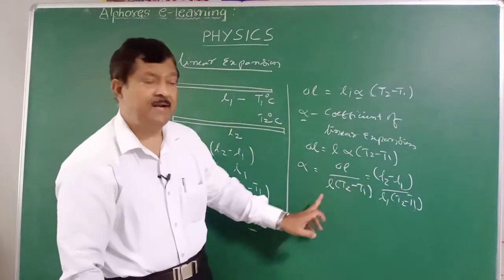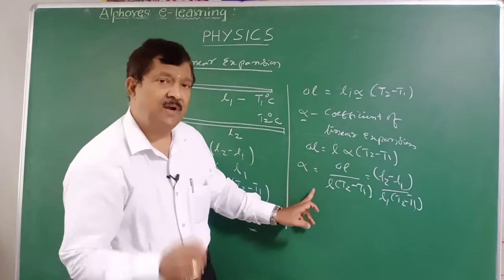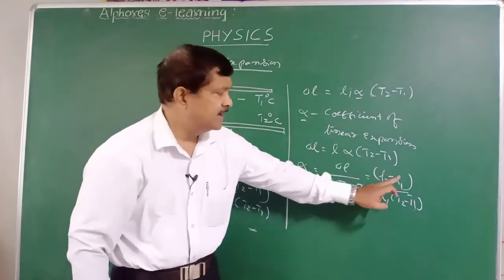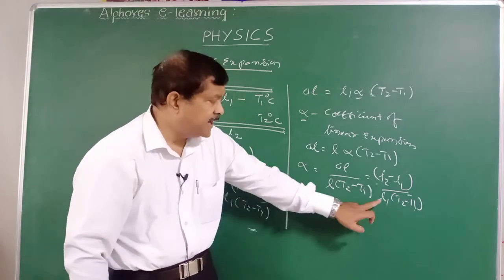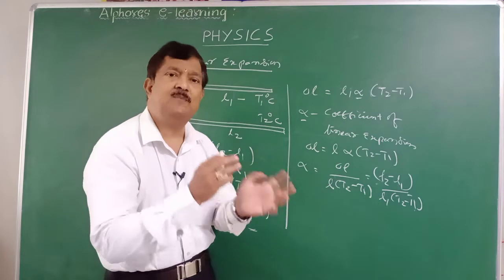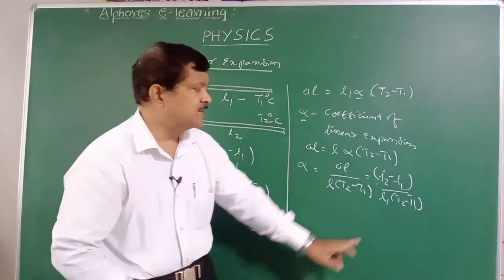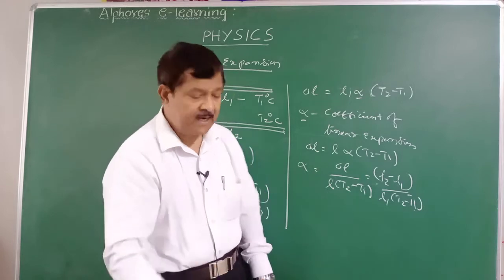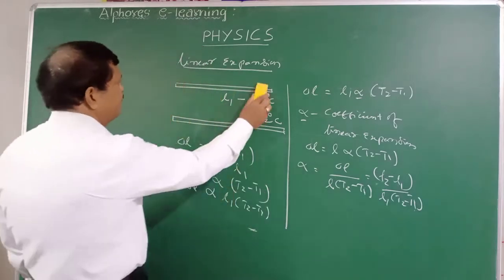Then how to define this alpha? This is the change in the length. This is the change in the length per unit original length. That means L2 minus L1 by L1, corresponding to the change in temperature equal to 1 degree centigrade. Let us write here.